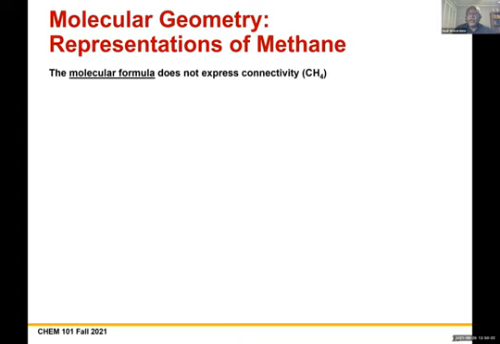Now we're going to look into more molecular structure, going back to chemistry. We go now to Lewis structures. A molecular formula such as CH4 for methane does not show any connectivity. But we can write structural formulas and show how atoms in CH4 are connected.